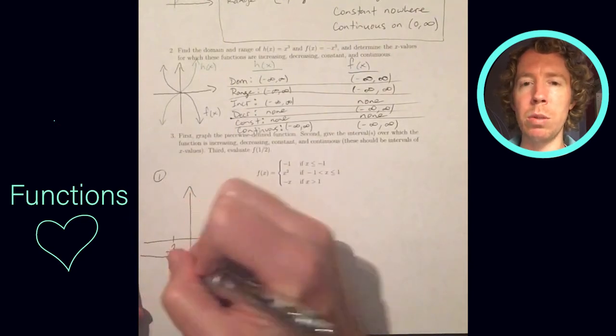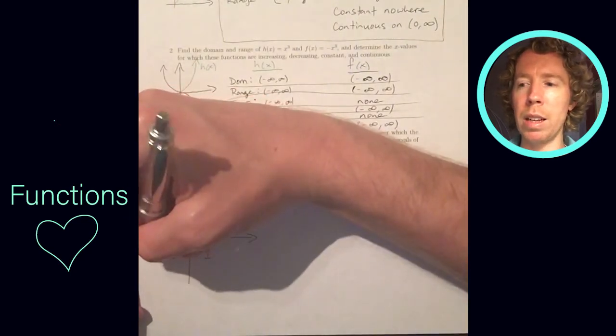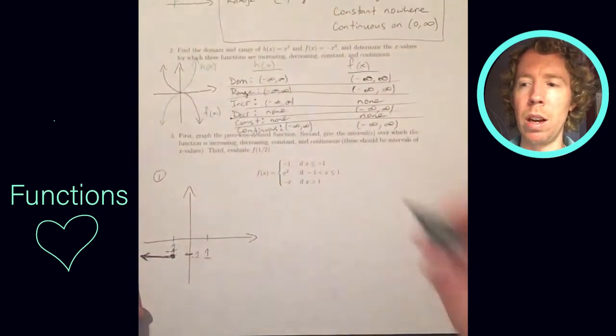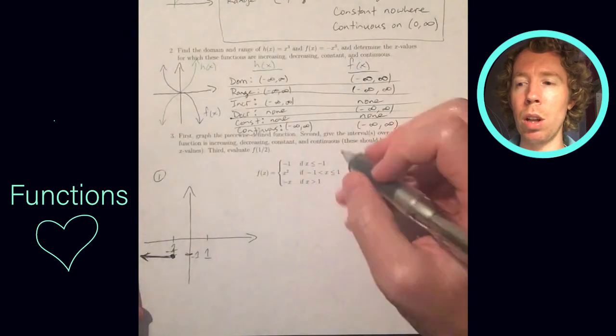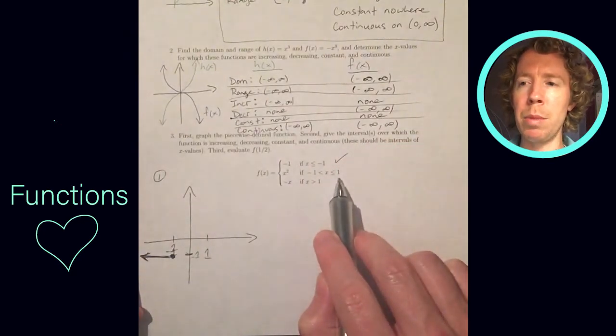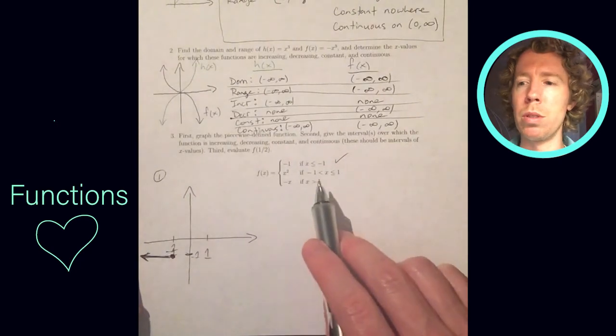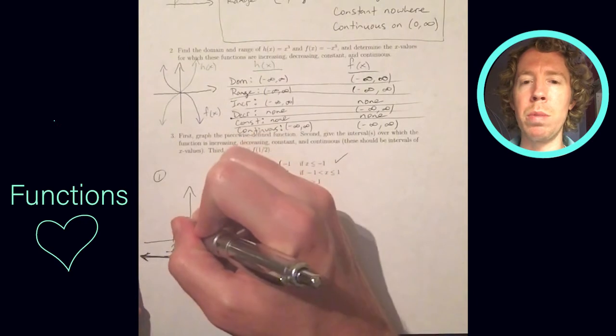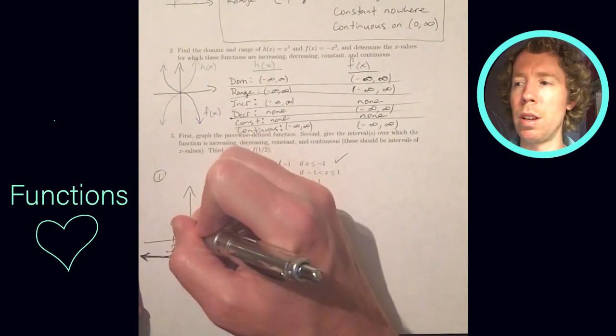So I'll start at x equals -1, and I want to draw a flat line at y equals -1 going out to the left. I'm using a closed circle there at x equals -1 because in the rule it said less or equal to. If it didn't have the equal sign under the less than, I would put an open circle instead of a closed circle.